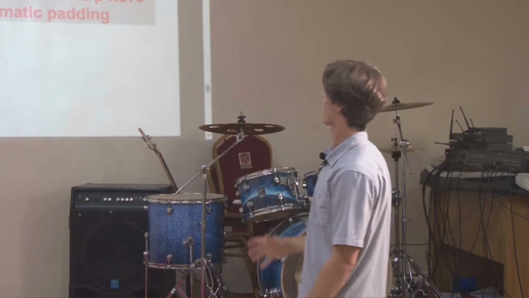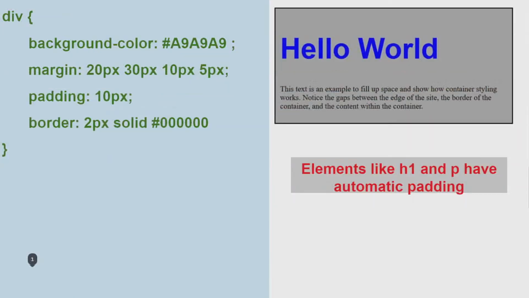And so you can see that the background color within that div has been changed to gray. And then you can see, I'm going to get up here actually. So you can see that we have different size margins. So over here, remember, it goes top, right, bottom, left.